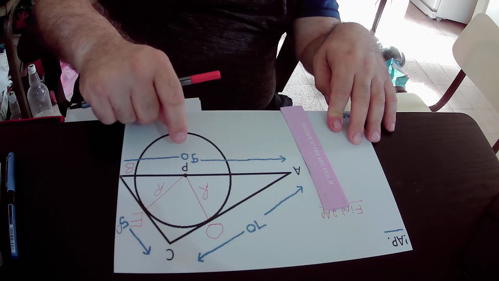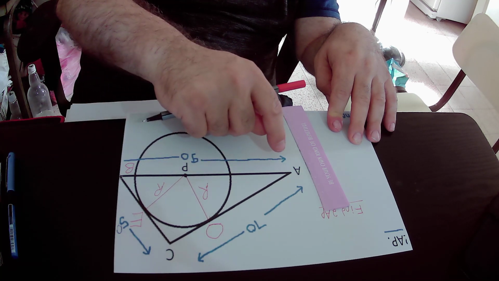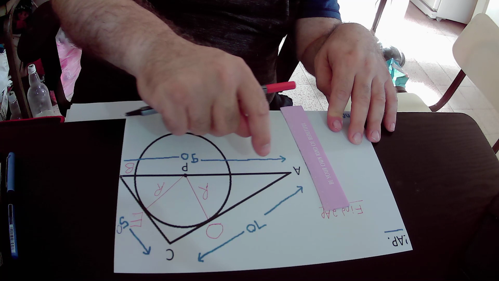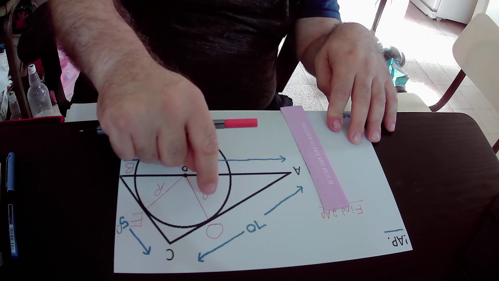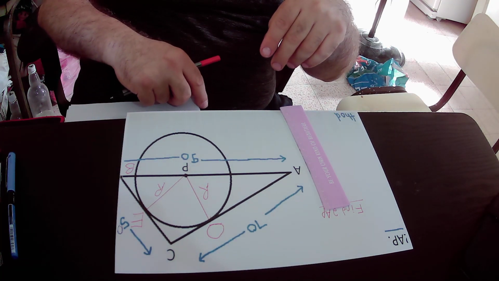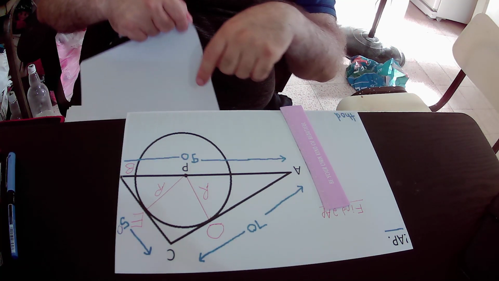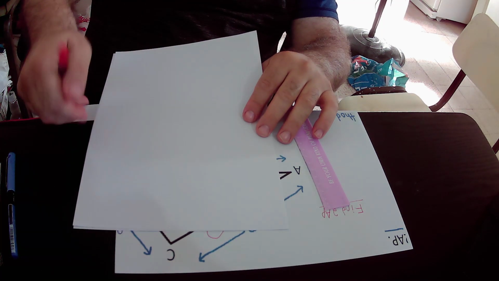So the radius PO is perpendicular to AC, that is the tangent to the radius. Again, I will write it down. I will call it rule number 1.